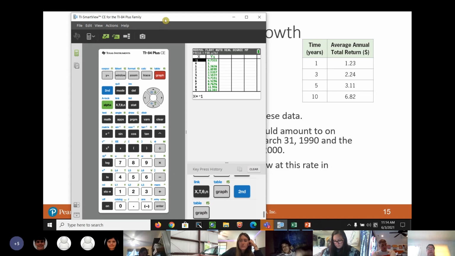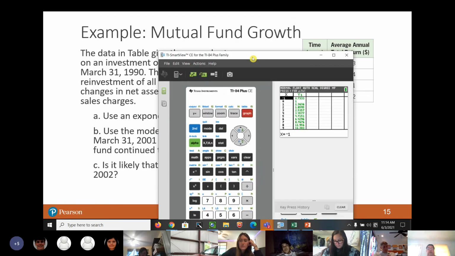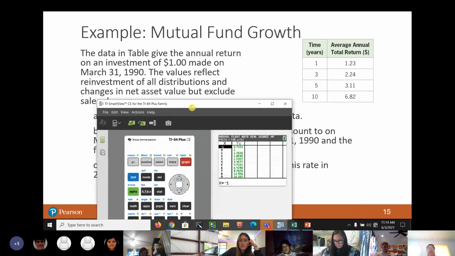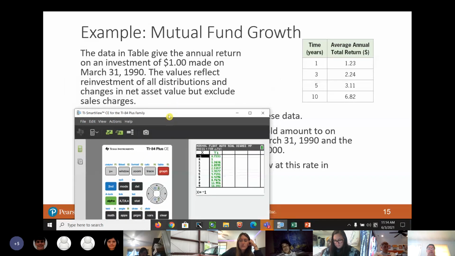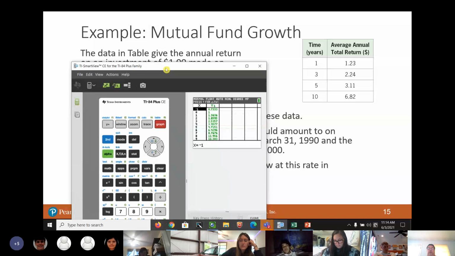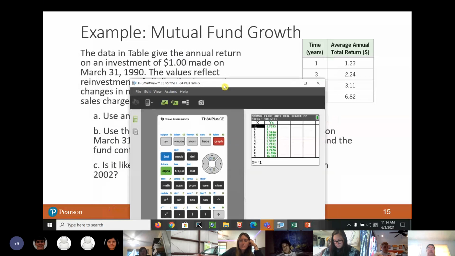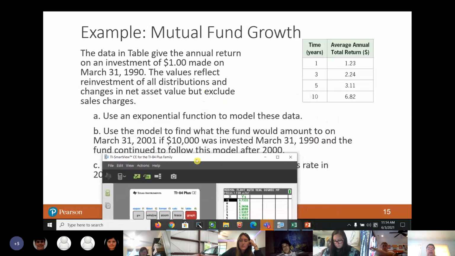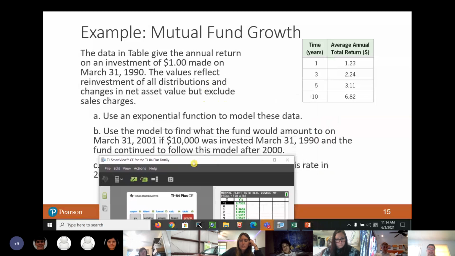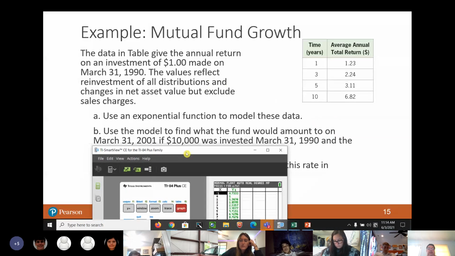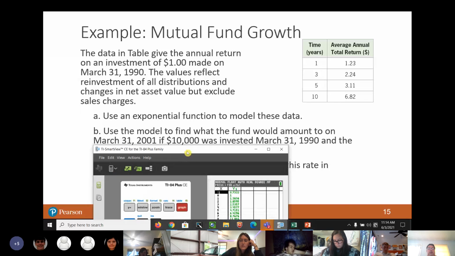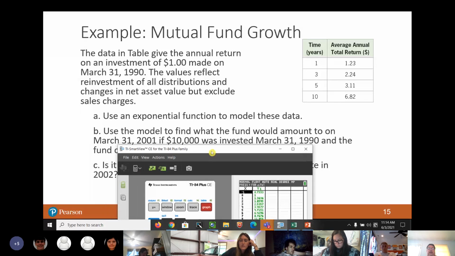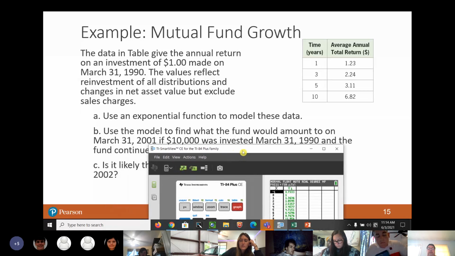This one says, use the model. Let's see, 1990, the value reflects reinvestment, but excludes, okay, the data table, years, and I guess it's years since 1990, right? So years since 1990, use the model to find what the fund would amount to in 2001 if 10,000 was invested.